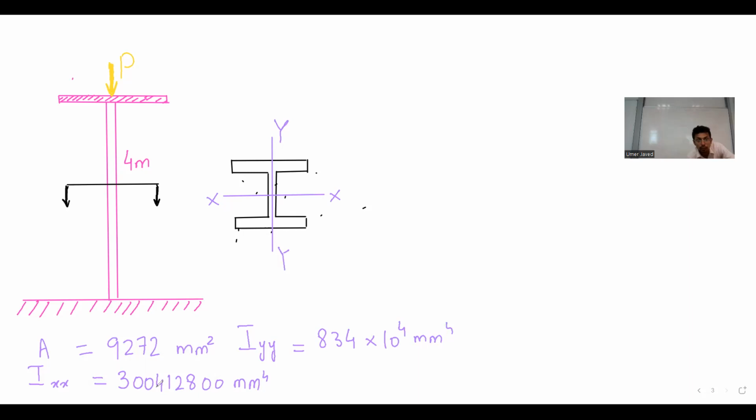Just to be clear, 8, 3, 4, 5, 6. It's given in the question, of course. Done? Got it? Okay, done. Now on that note, let us start the question.